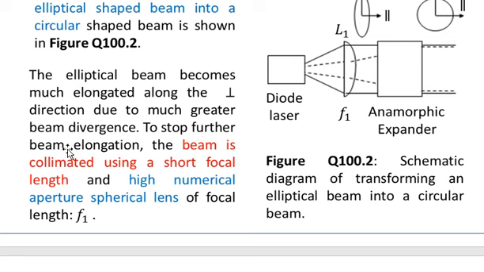To stop further beam elongation, the beam is collimated using a short focal length, high numerical aperture spherical lens of a focal length f1. So we can use a focal length f1 in order to control the divergence. So this lens L1 is a spherical lens of a focal length f1, so that it can control the divergence of both the beams.